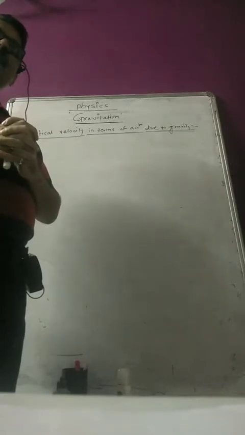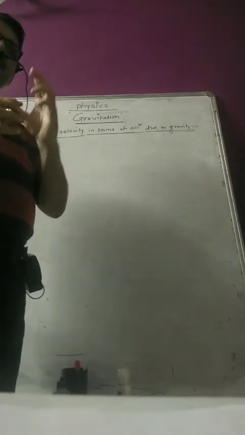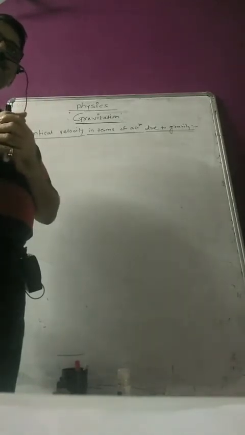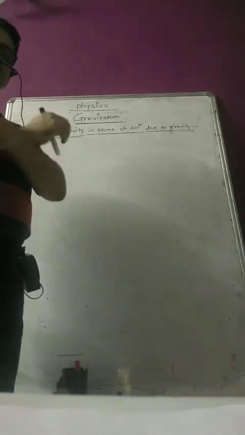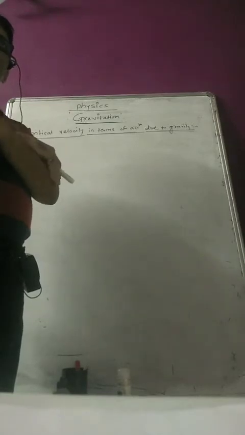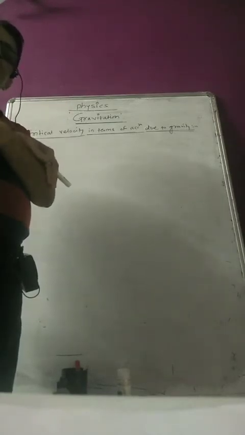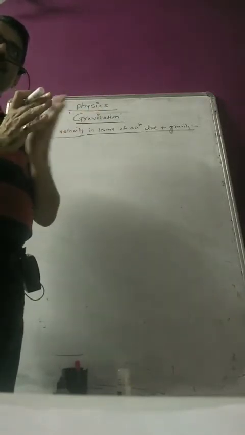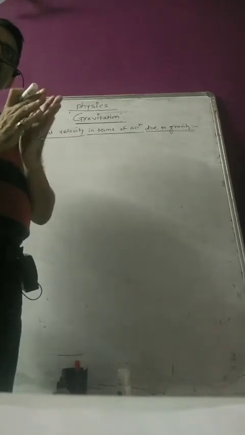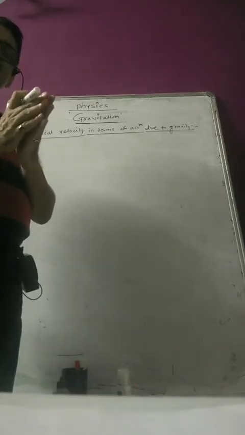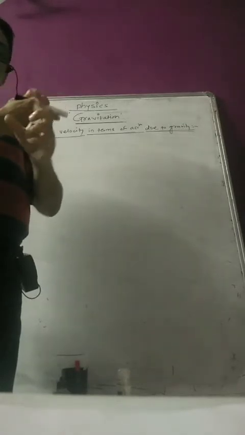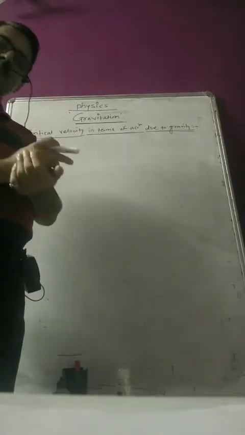And what is r here? r is the radius of that circular orbit, whatever the height we have set the satellite at. That is balanced by the centripetal force, mv square by r. Here m is the mass of the satellite, v is the critical velocity of the satellite, and r is the radius of that circular orbit.